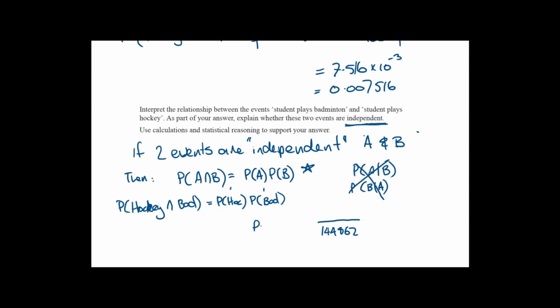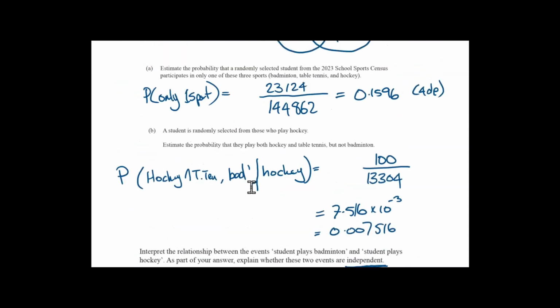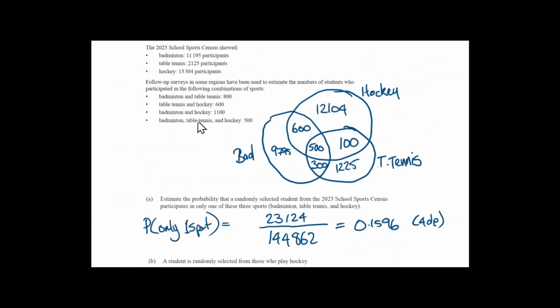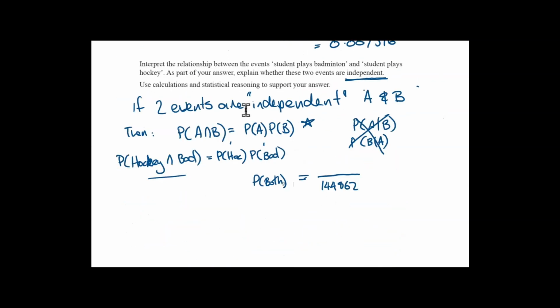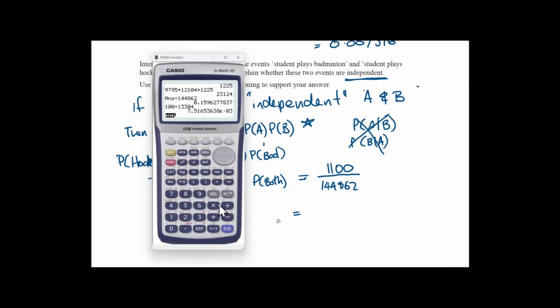So the probability that they play both. And I can use this one here. So how many play both? It says now in the question, isn't it? It's badminton and hockey, 1,100. So that's 1,100 over that huge number, and we're going to have a really, really tiny number again.